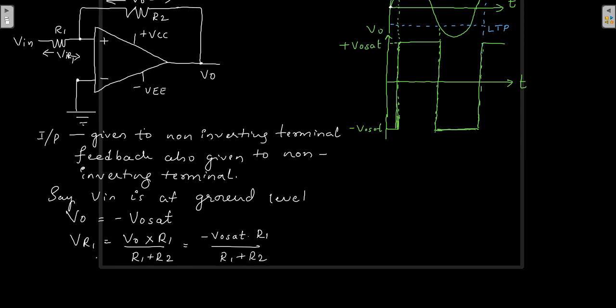Okay. So now this is negative. This is very important because it is minus V0 sat into R1 divided by R1 plus R2, right? So now VR1 is negative. The non-inverting terminal will be on the negative side only, because this VR1 is this voltage.